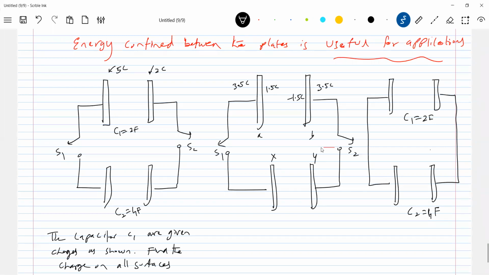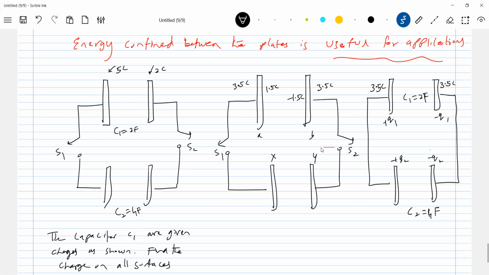So this will remain as it is. This will be Q1, and this Q2. So here minus Q1, plus Q2, minus Q2.